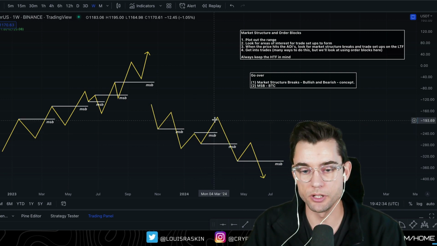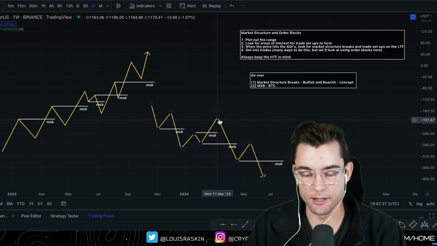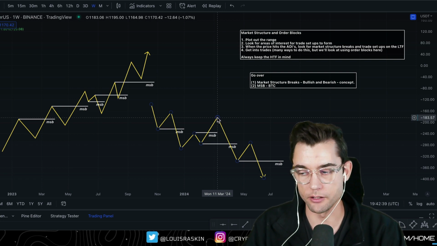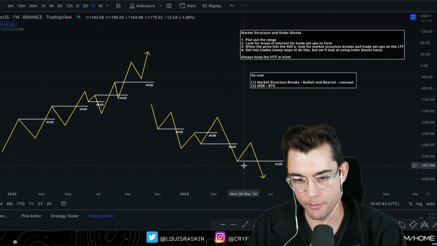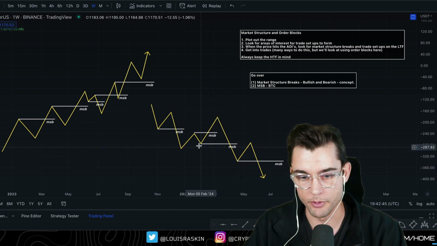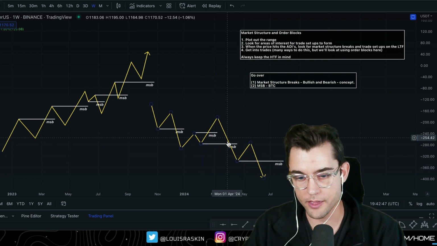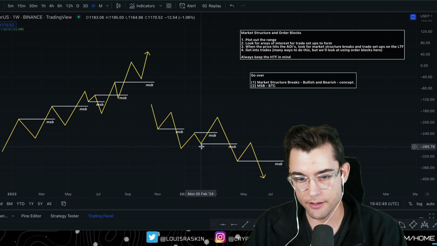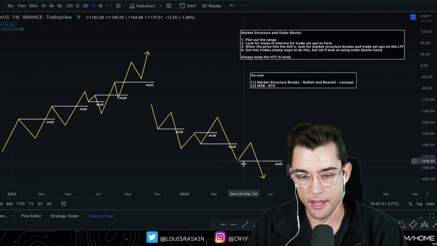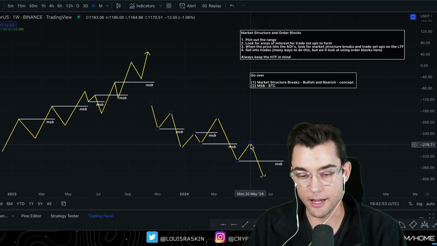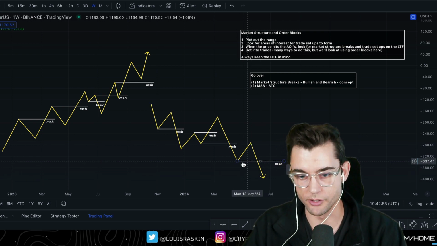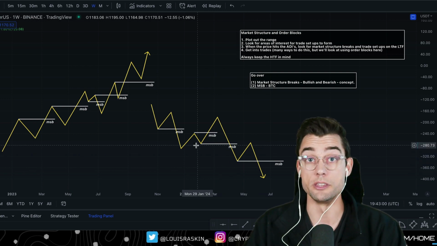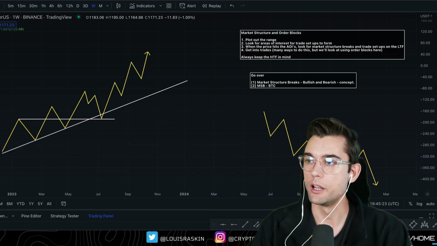But in this case, the bullish market structure break did not sustain itself in the bullish narrative or the bullish trend, and it reversed and came all the way back down, and it created a lower low from this low. So once this broke right here, now we have a bearish market structure break, and then we made a lower high, and then we created another bearish market structure break. So this is what the market structure breaks are on the bearish end of things.